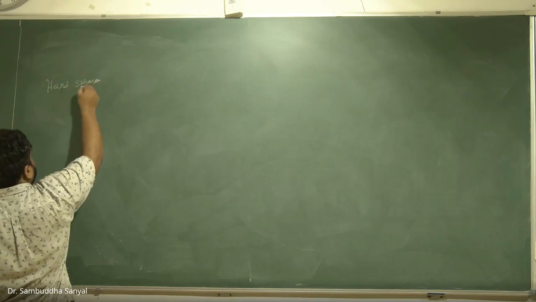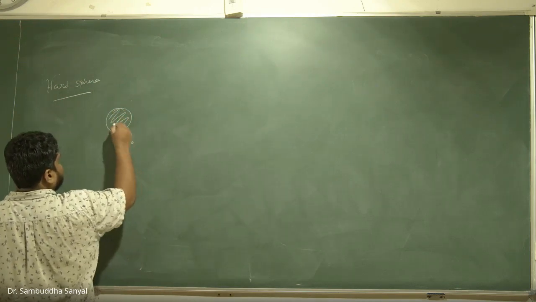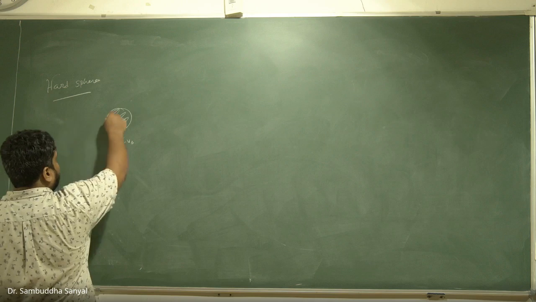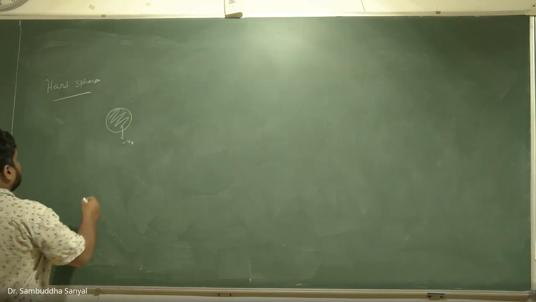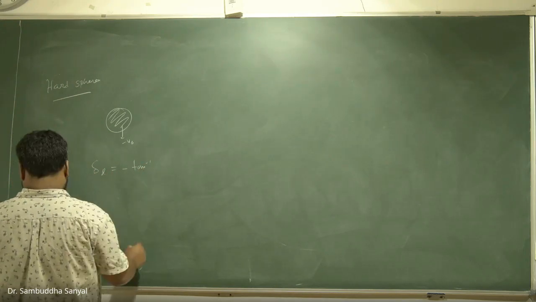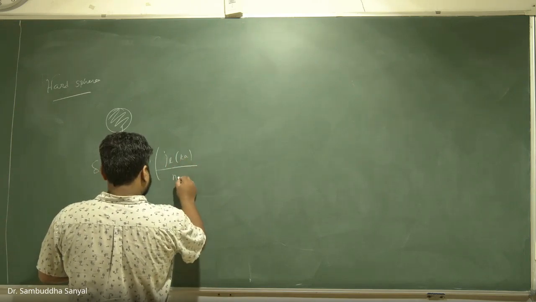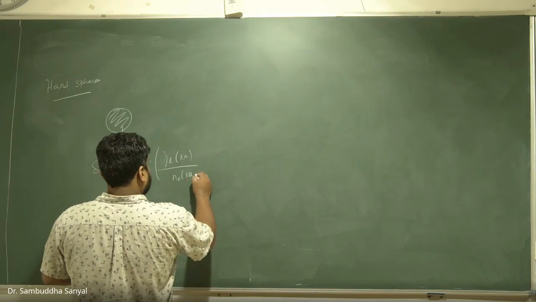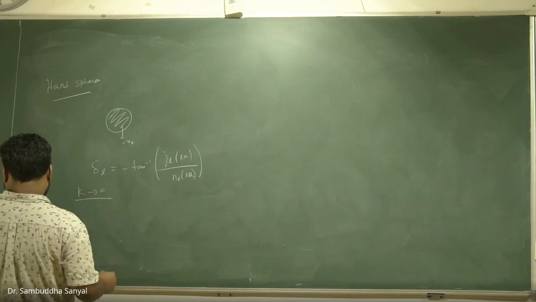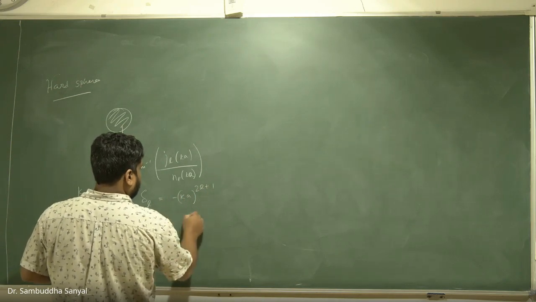So hard sphere. Earlier it was a soft sphere, which means here it was minus V naught. Now I am taking this to infinity. It's a particle in an infinite well, which means it's impenetrable, whatever energy you give. So for this hard sphere problem, this delta L becomes these, two kinds of Bessel functions, j_L(ka) and n_L(ka), and you can show that in the k going to 0 limit, this delta L is minus (ka) to the power 2L plus 1.